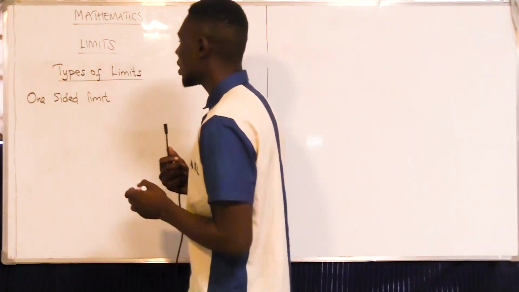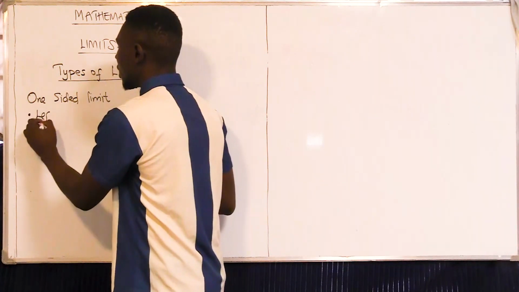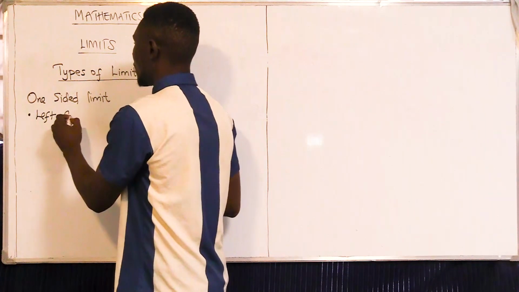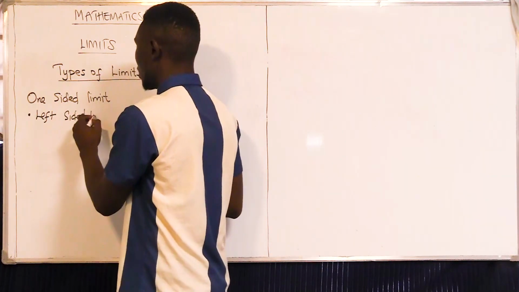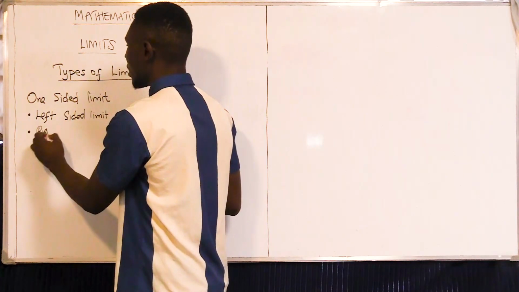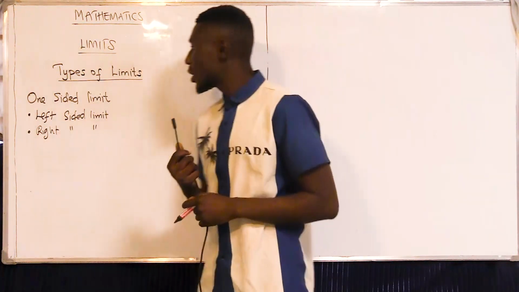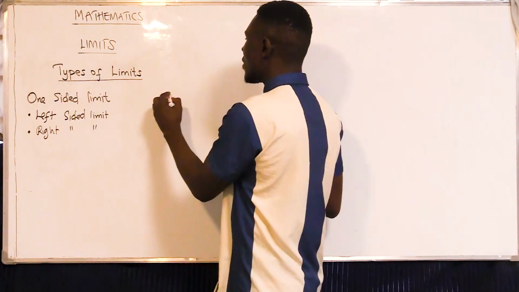So in the one-sided limit, we have the left-sided limit, and the other one, which is the right-sided limit.